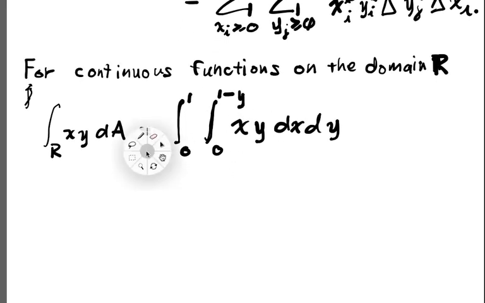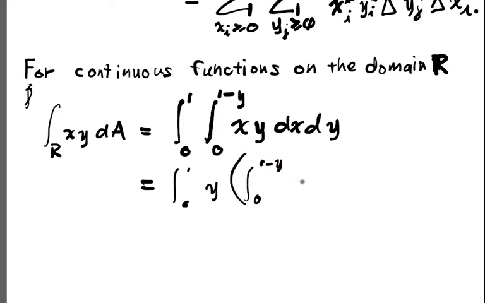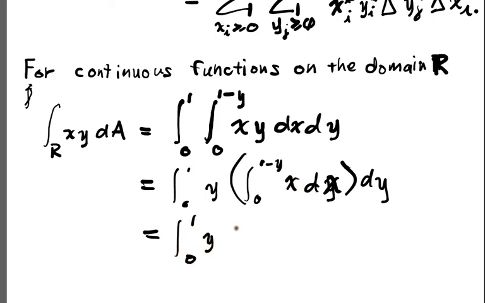And we can actually compute this thing, right? So here we just imagine that y is fixed. So this is equal to the integral from 0 to 1, y times the integral from 0 to 1 minus y. So y is constant inside here, so we can just integrate x dx dy, which is equal to, and what's this integral? 0 to 1. Well, the lower limit is 0, but let's write it all out. We have 1/2 x squared, evaluated at the limits 1 minus y, dy.